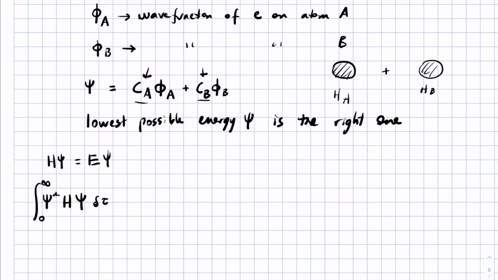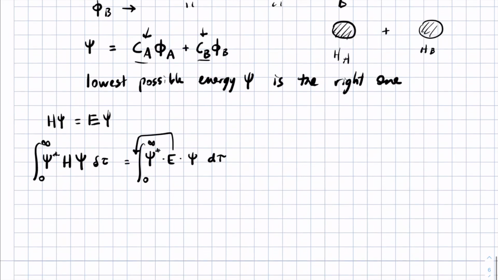And then we're going to do the same thing for energy: the complex conjugate of the wave function times energy times the wave function, integrated over all space. Energy is a constant though, so we're going to be able to bring it out.